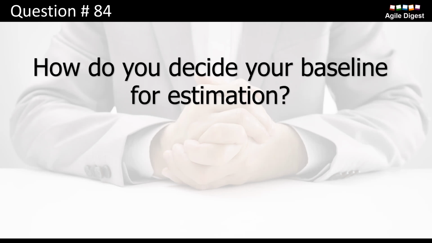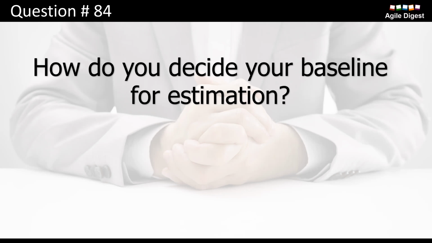When we are talking about story point estimation with relative sizing, if you don't have anything already estimated, you need some baseline so that you can start doing the relative sizing. So we are talking about the reference here. How do you define your baseline story? That is what we are talking about.